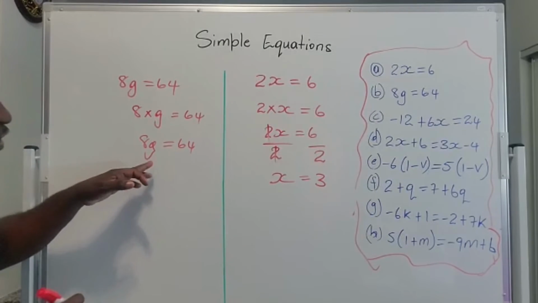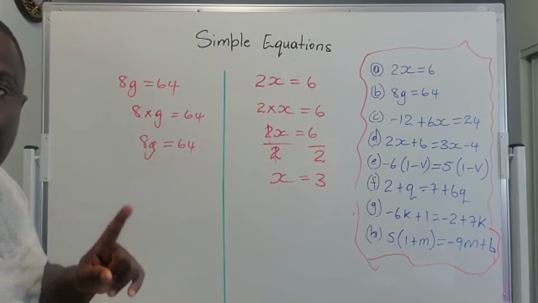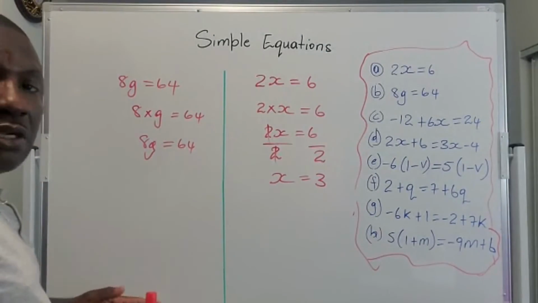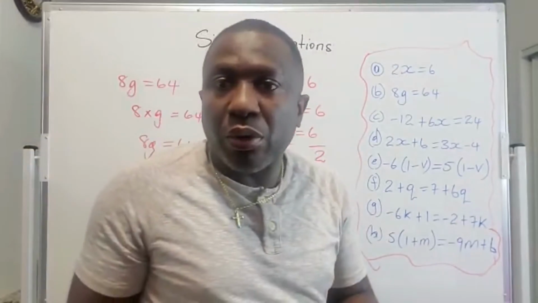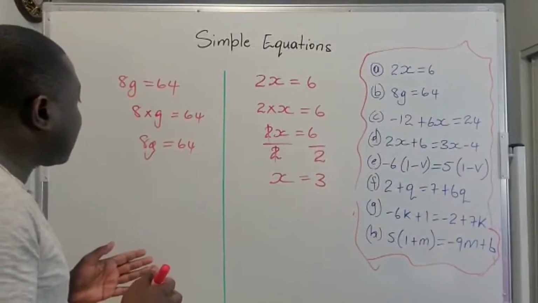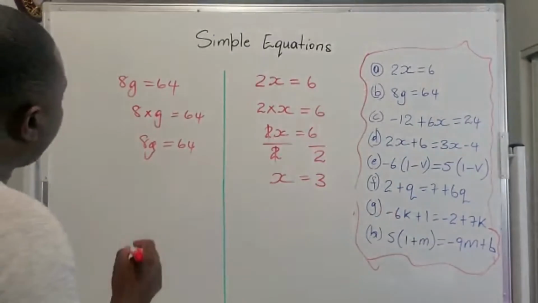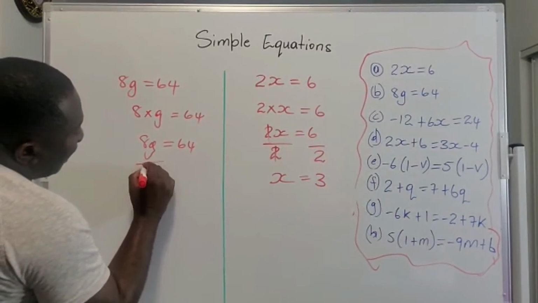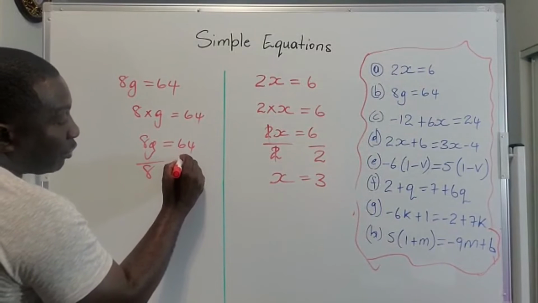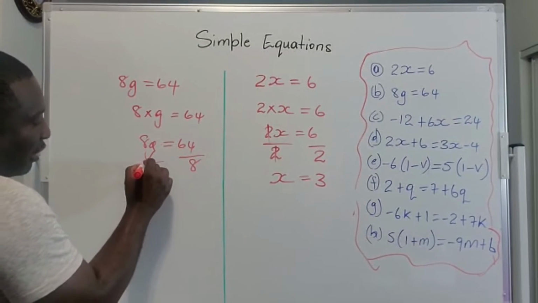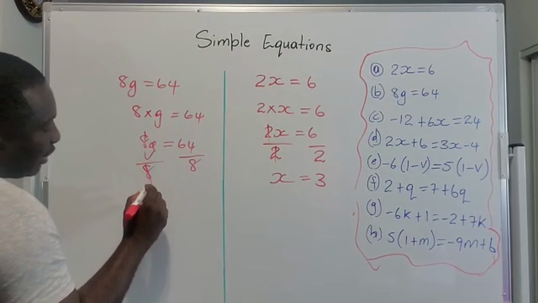Guys, I need to make g the independent variable. In other words, g to be standing alone. What I need to do in this case, I will divide both sides of the equation by the number 8. If I divide by 8, I must also do the same thing on this side. 8 will cancel 8 here.